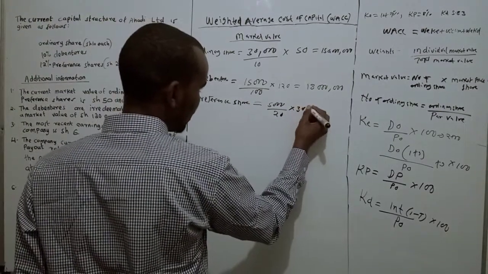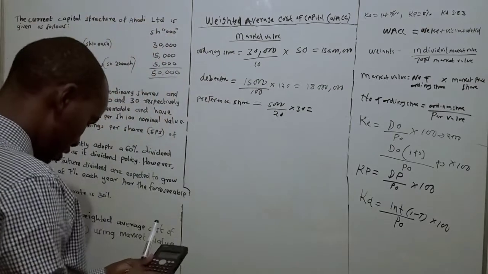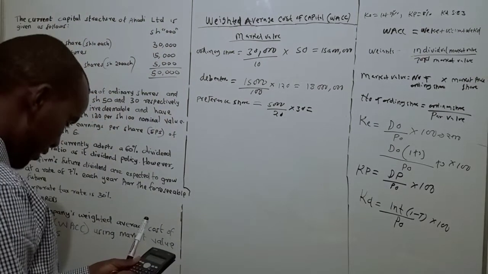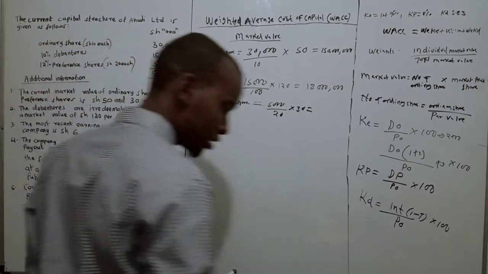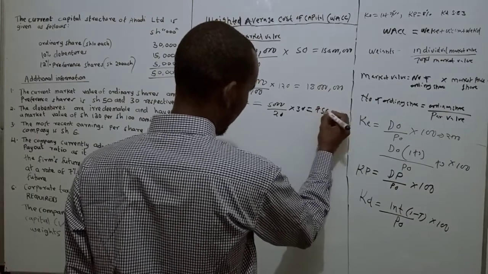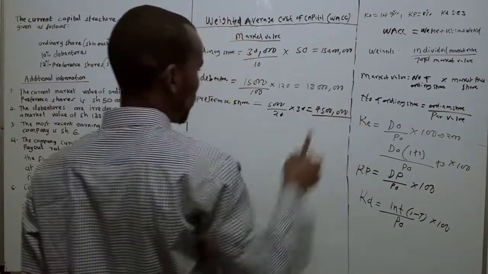If we take 5,000 divided by 20, then multiply by 30, we get 7,500,000.